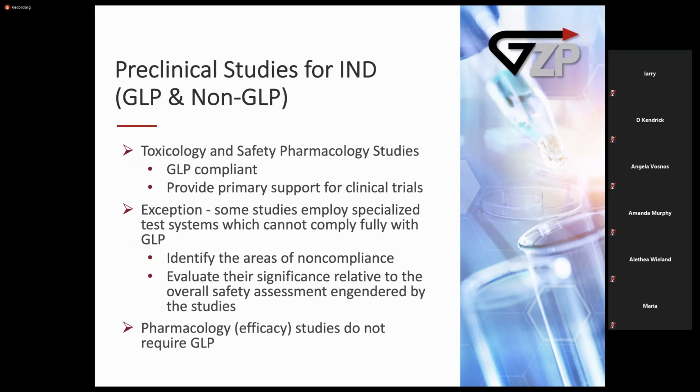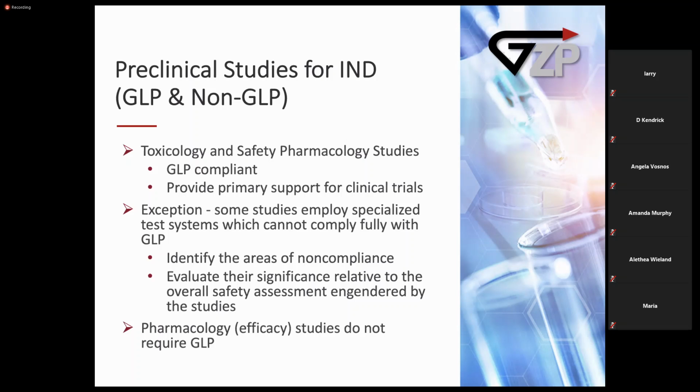We mentioned earlier toxicology and safety pharmacology, which are intended as the primary safety studies for support of human clinical trials, must be GLP compliant. If in fact there's a deviation from GLP and you can explain it adequately to the FDA, they will accept the studies, but you should go in assuming that you need full GLP.